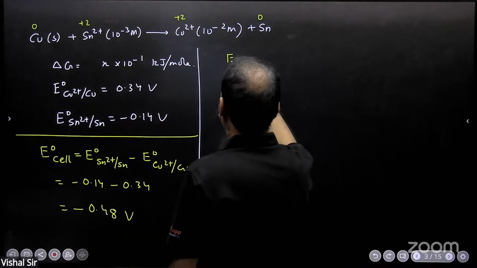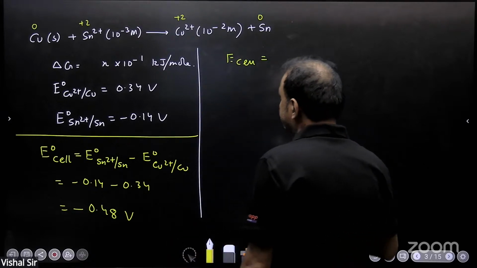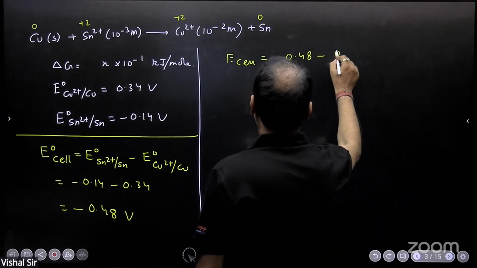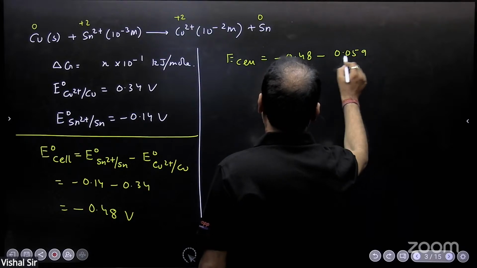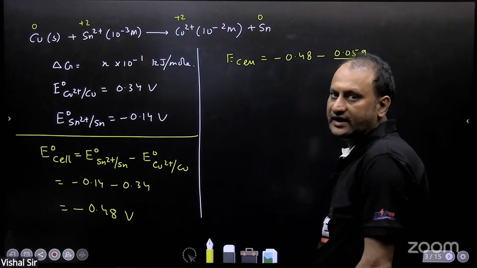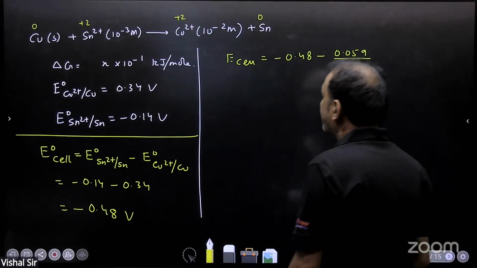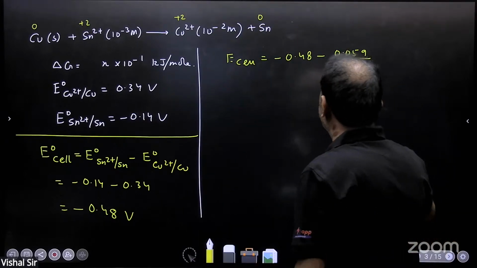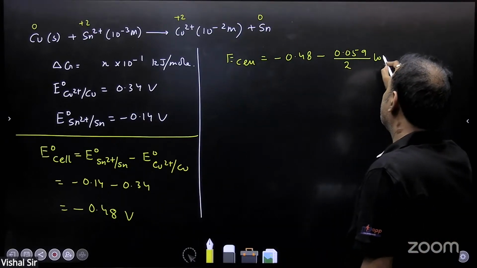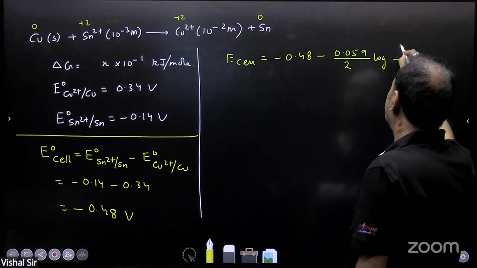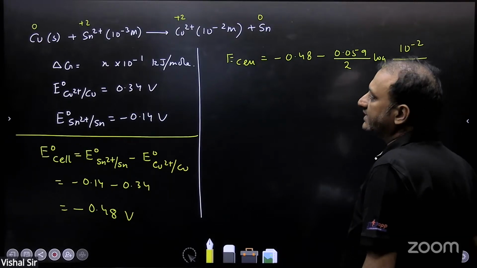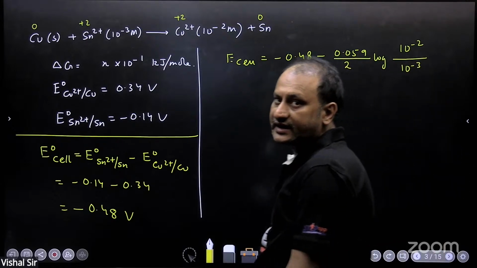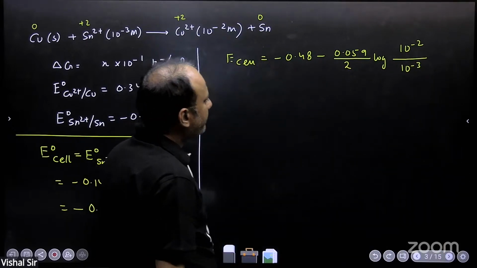So E cell will be, applying Nernst, minus 0.48 minus 0.059, and let's write the reactions. The reaction anyway is written and we can see n factor is 2. Log of product molarity 10 raised to minus 2, reactant molarity 10 raised to minus 3.